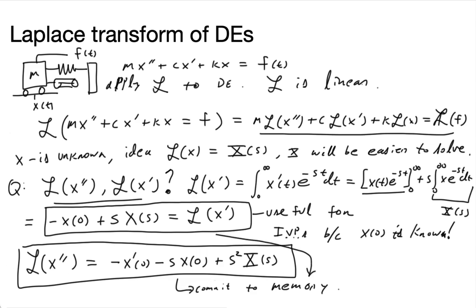Like that. Okay, so let's go back to our problem. Now we have this mass spring system as follows, and we want to know that state x, right?